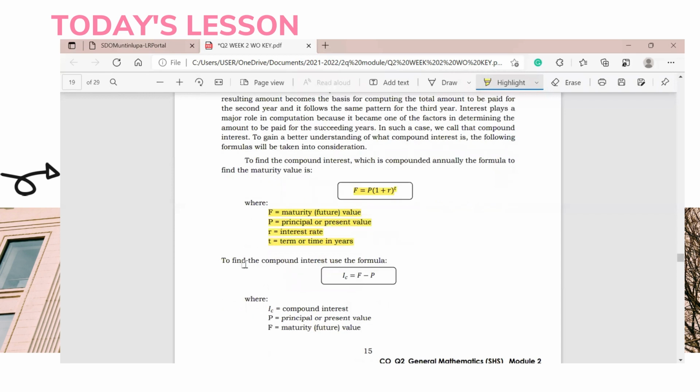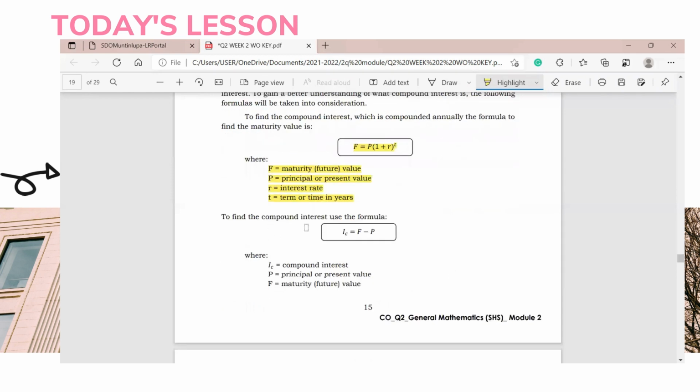To find the compound interest, use the formula: compound interest is the future value minus the principal amount or present value, where I sub C is the compound interest.